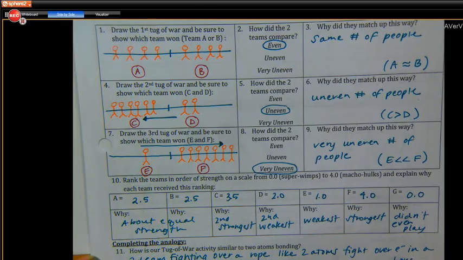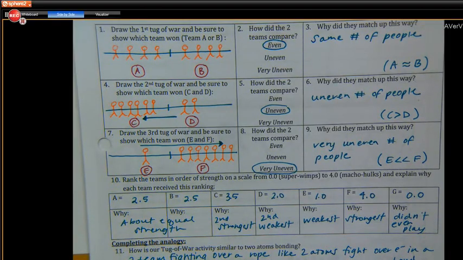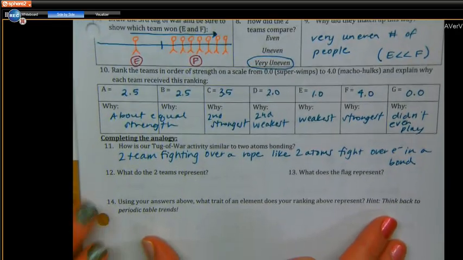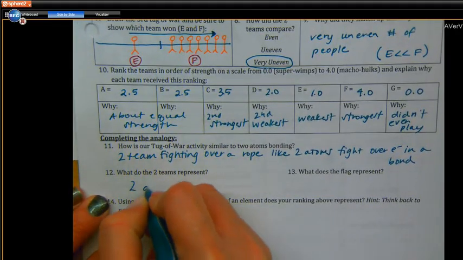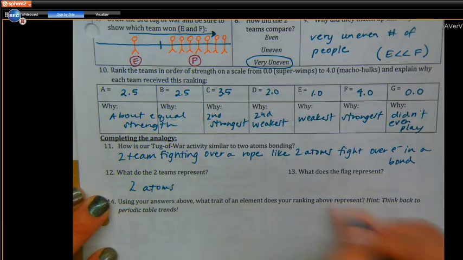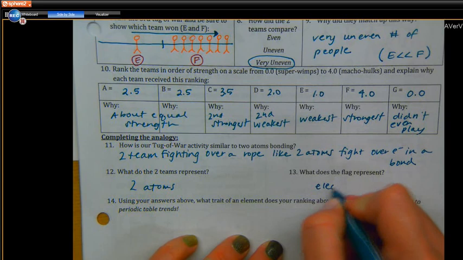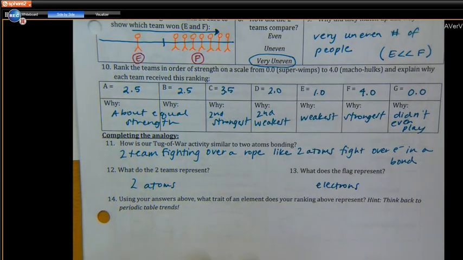Thinking about these traits and these rankings, when we've talked about different trends on the periodic table, what trait does the ranking represent?